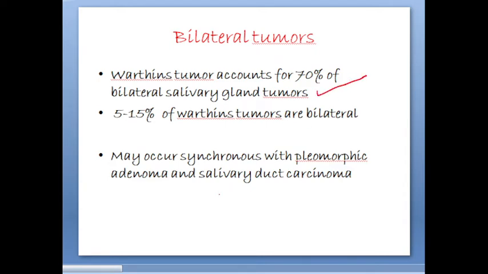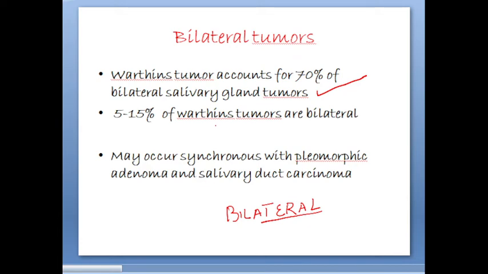So one more characteristic feature of Warthin's tumor is that they are bilateral, and among all salivary gland neoplasms, these are the most common bilateral salivary gland tumors.